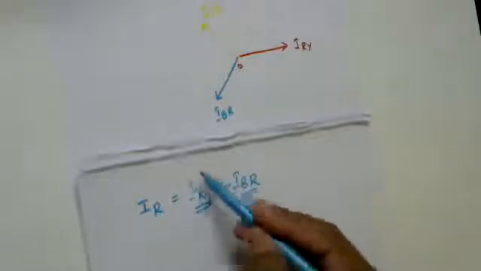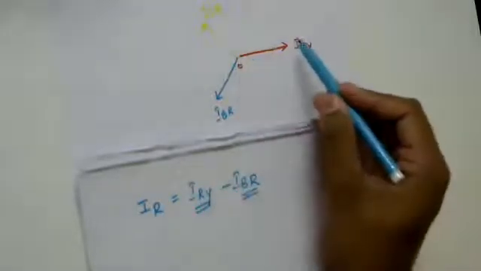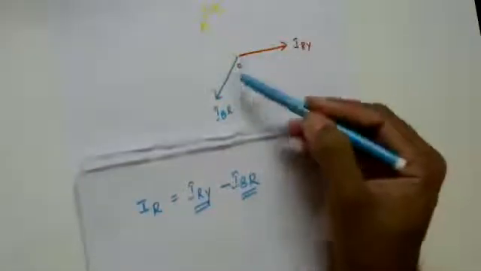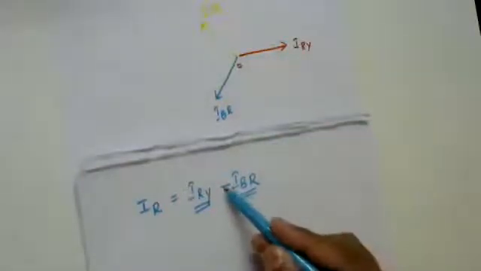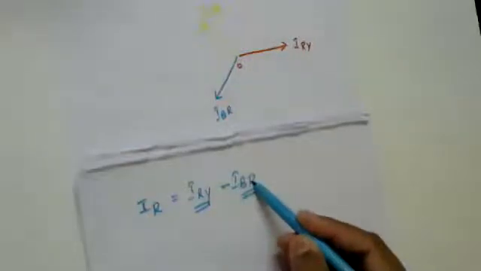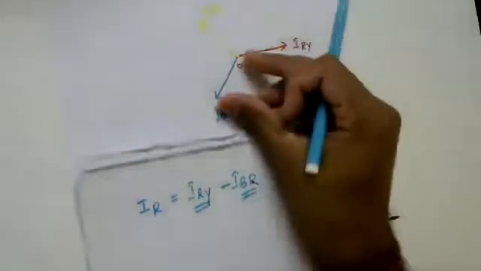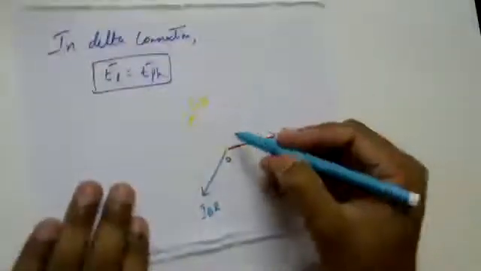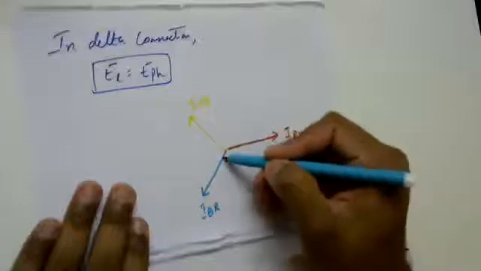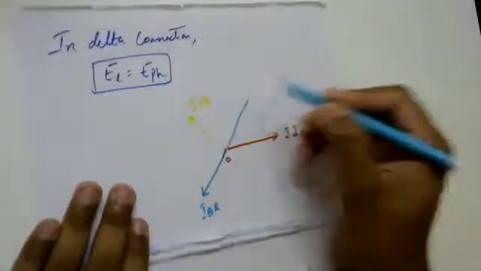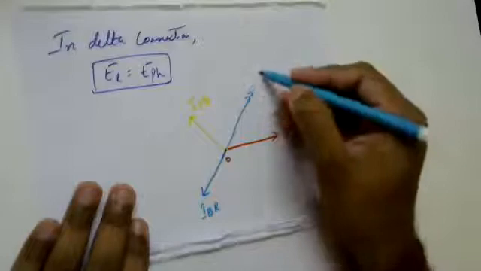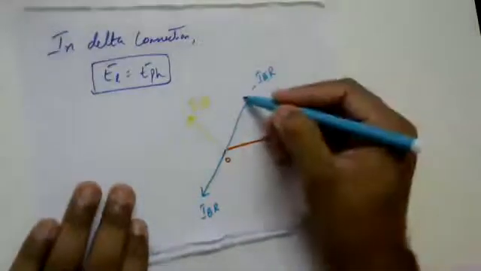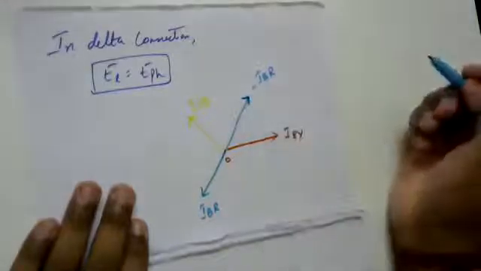IRY is there, IBR is also there, but what you want is minus IBR. Then how to achieve it? The same vector has to be projected in the opposite direction. So this gives you your vector minus IBR.